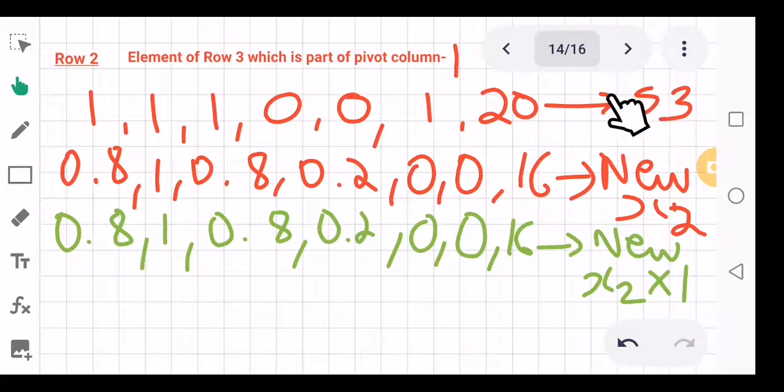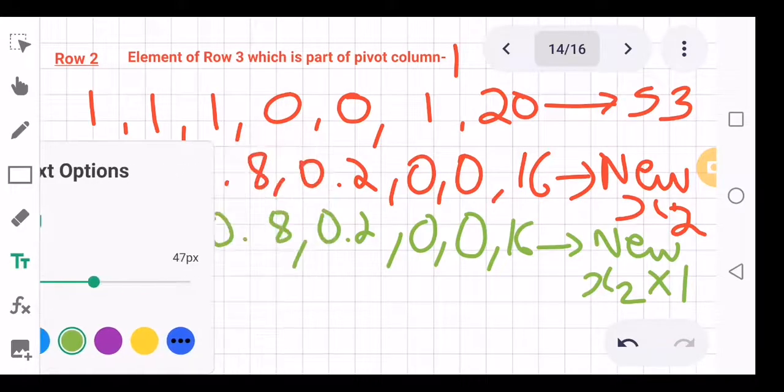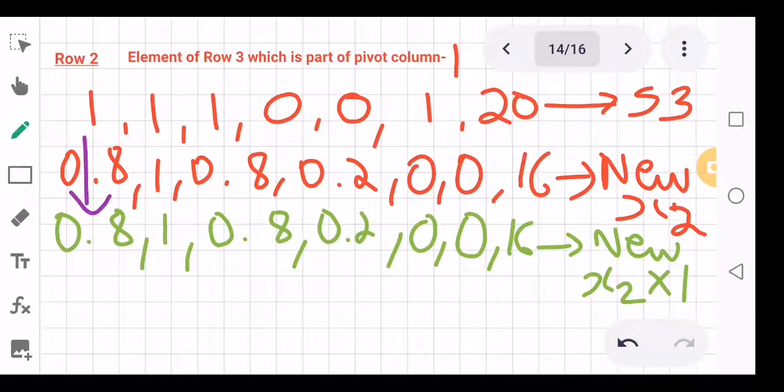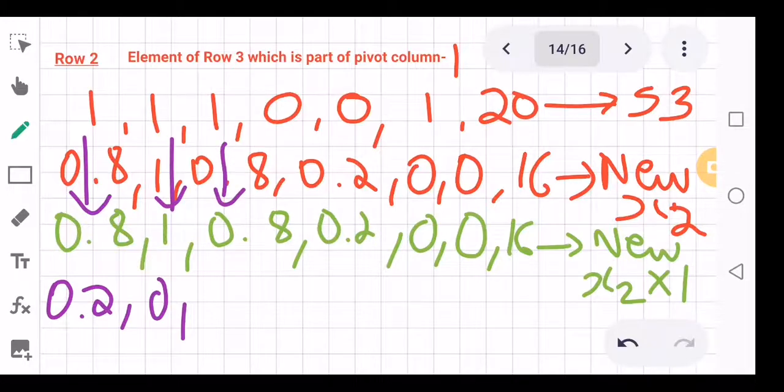I'll change the color so that there is no confusion. 1 minus 0.8 is 0.2.